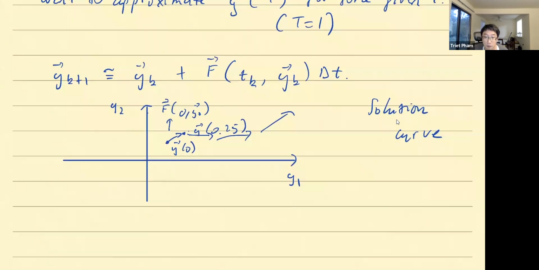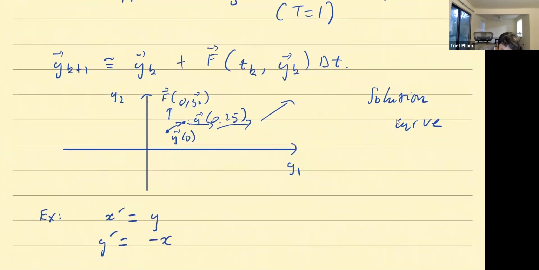Okay. So I guess let's just do some layout for you, but you already see what's going on. For example, I think the book gives something like x prime is y, y prime is minus x plus 1 minus x squared times y.